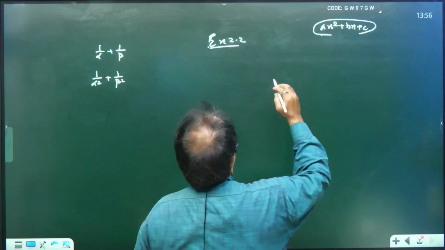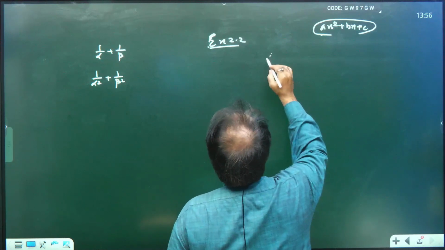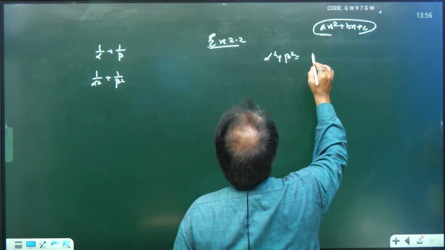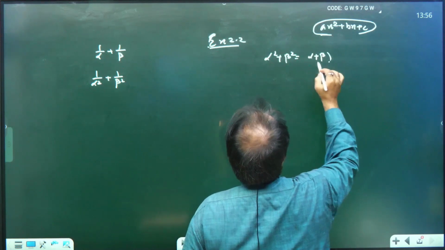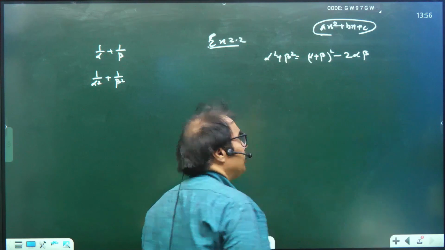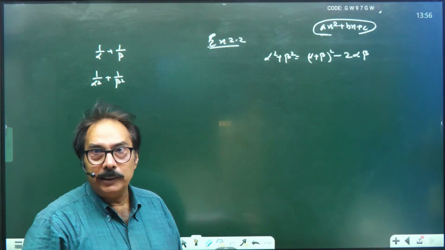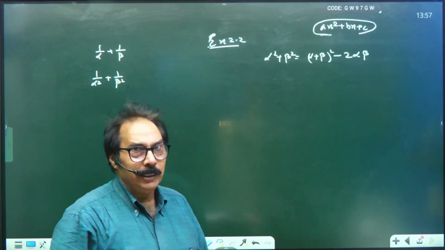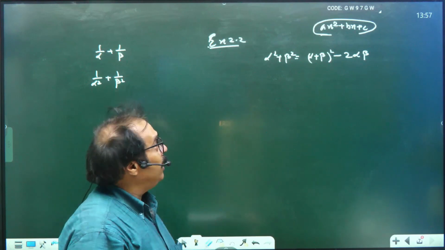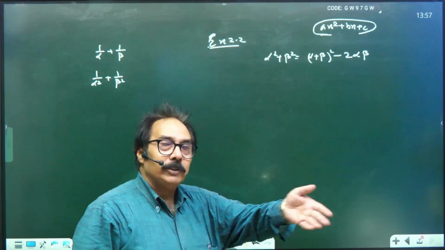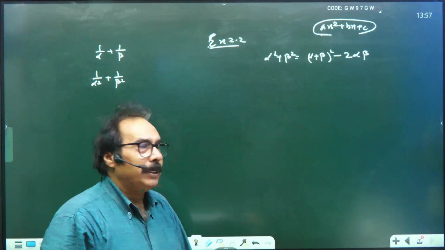Alpha square plus beta square is equal to alpha plus beta whole square minus 2 alpha beta. Actually, it is not a new identity, as you already read in the previous classes, that a plus b whole square is equal to a square plus b square plus 2ab.